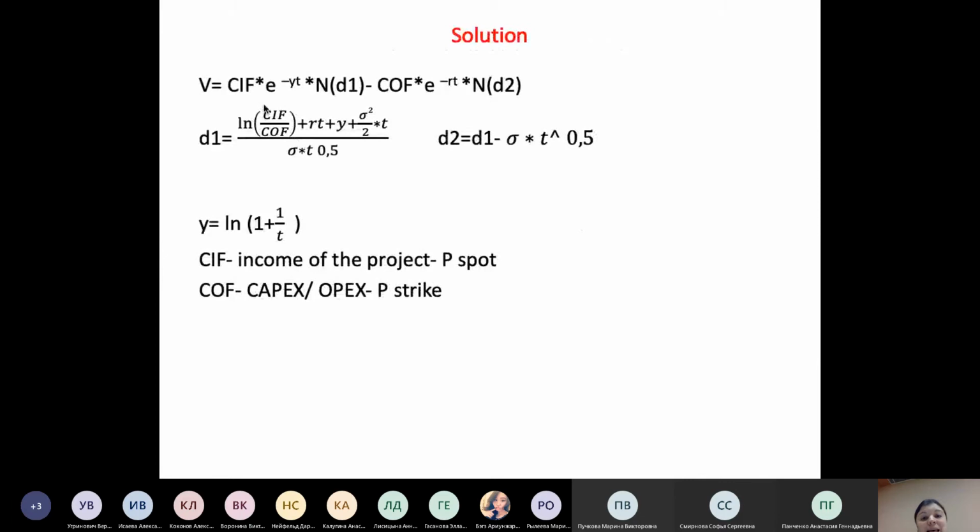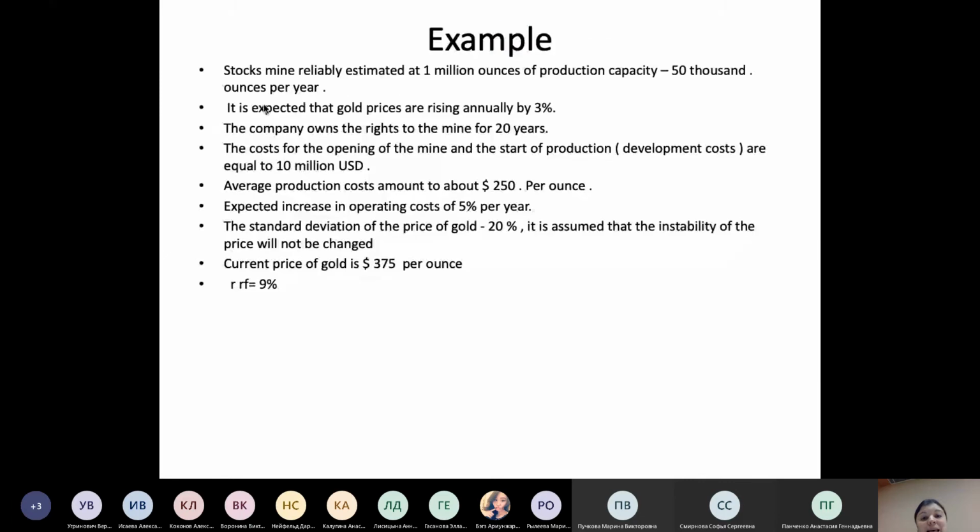During 20 years, our company has the opportunity to start the project. Perhaps it will be in 5 years, perhaps in 10 years, and so on. In other words, our company has the opportunity to choose a correct period of starting the project.